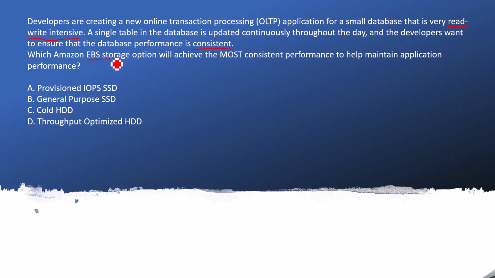So it is talking about that there are a lot of Amazon storage options. So which one is the most accurate answer? The most consistent performance to help the application performance. So in this question I have already marked read write intensive.